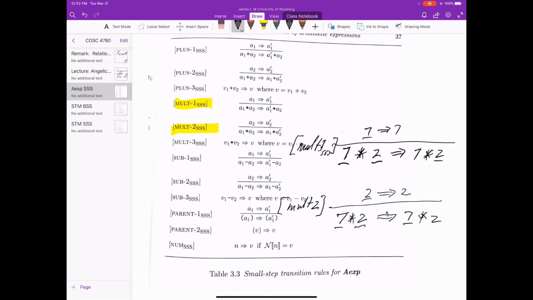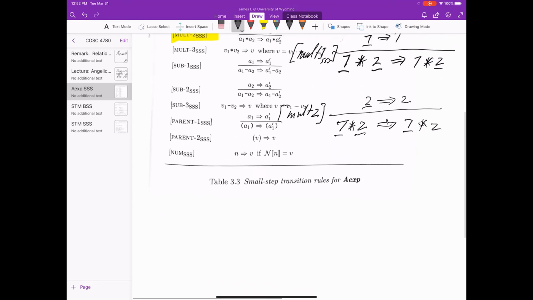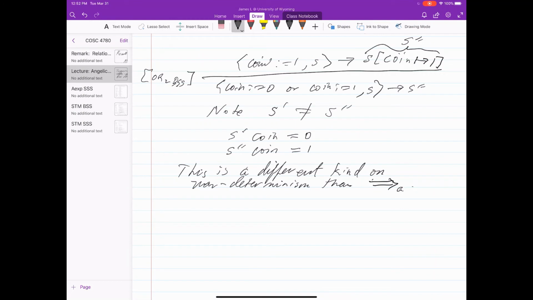So I ended up with non-determinism, but we proved a theorem that says that the arrow A is eventually deterministic.